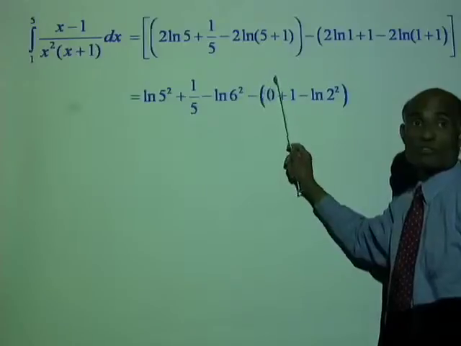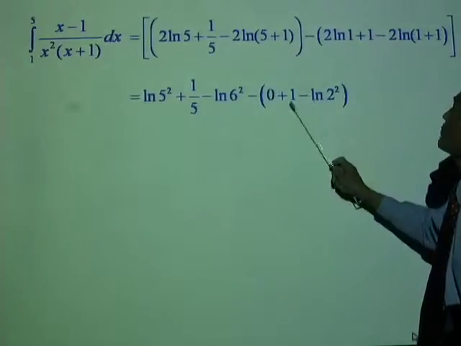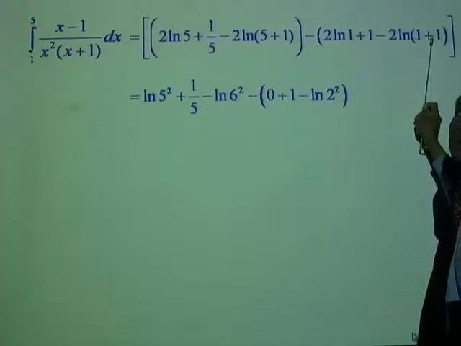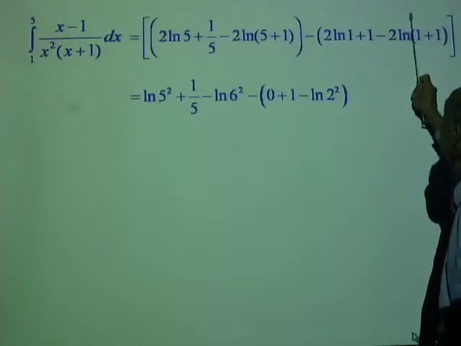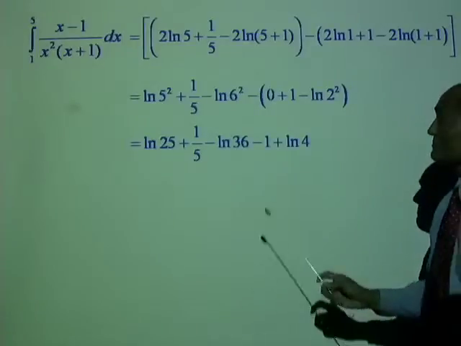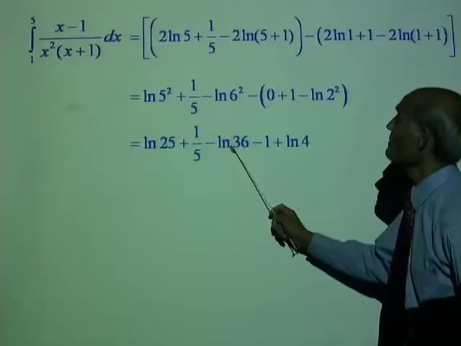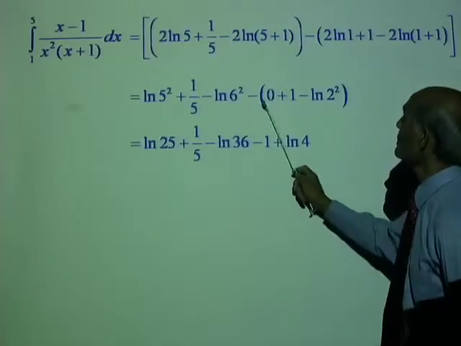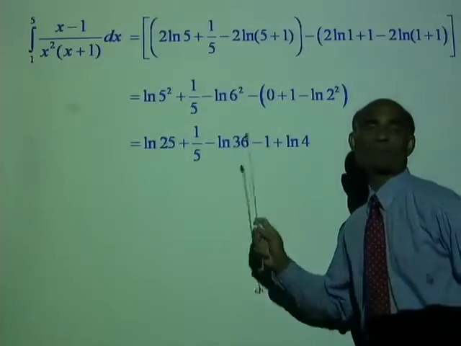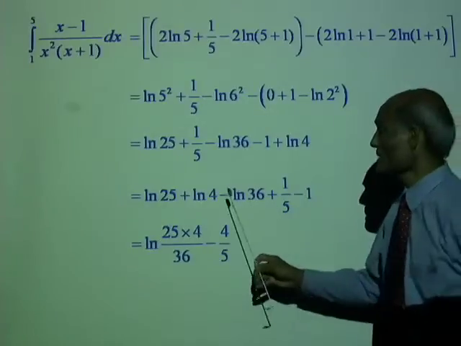Now minus what you have with the lower limit. ln 1 is 0, plus 1, minus 2 ln of 1 plus 1, which is ln 2, and this will go up, that will be minus ln 2 squared. And that will be ln 25 plus 1 over 5 minus ln 36 minus 1 plus ln 4, and that can be evaluated on the calculator. Is that right? Or look at this again.